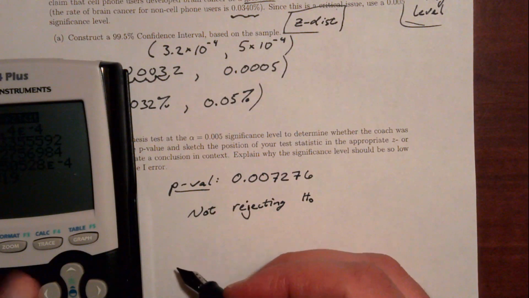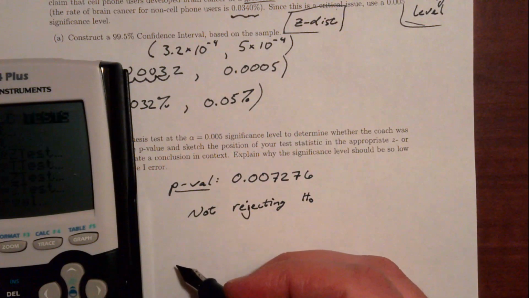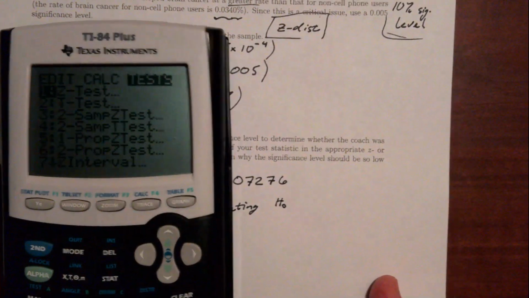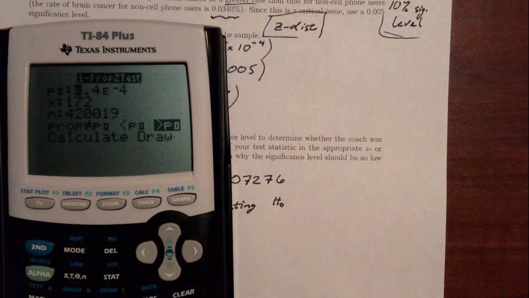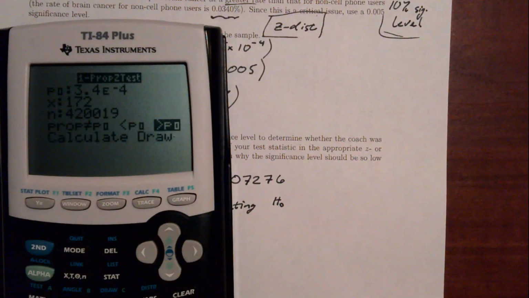So, keeping on going, we need the bell curve now. So back to tests, back to one proportion z-test. So number 5, and everything's the same except go over to draw rather than calculate.